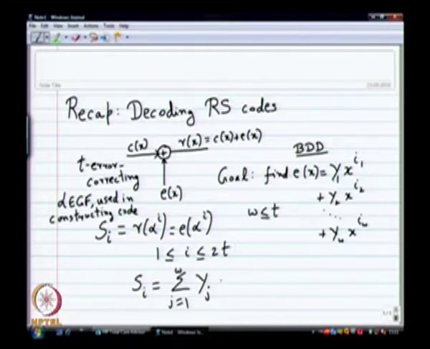Summation of Yj Xj power I. Okay. And what is this Xj? Xj is alpha power Ij, where this guy is the error locator.